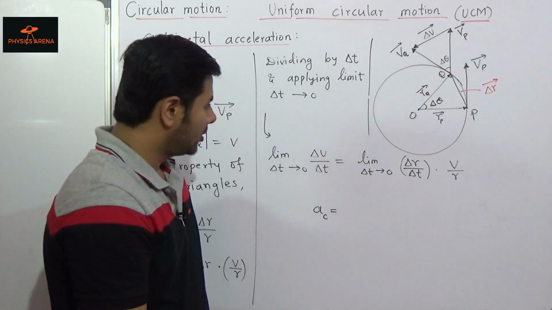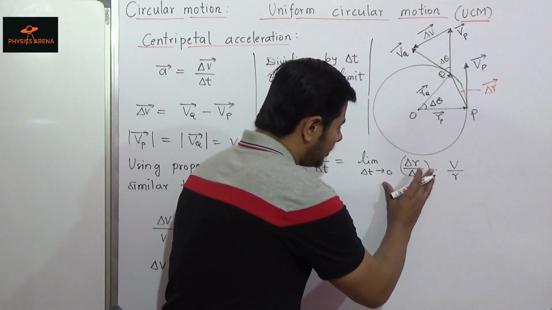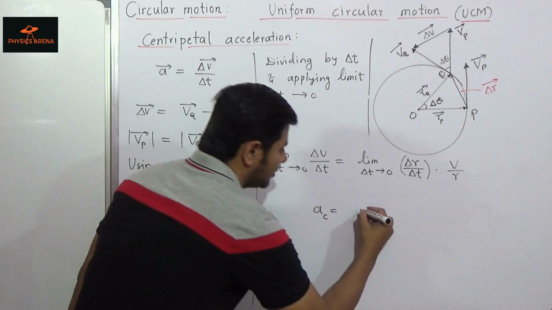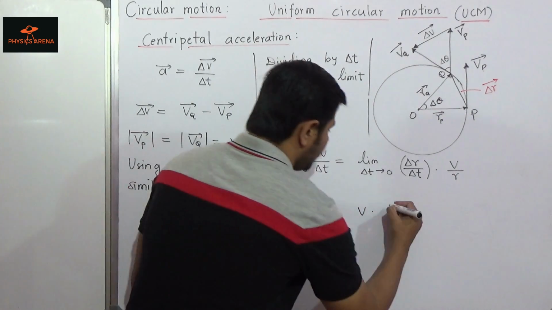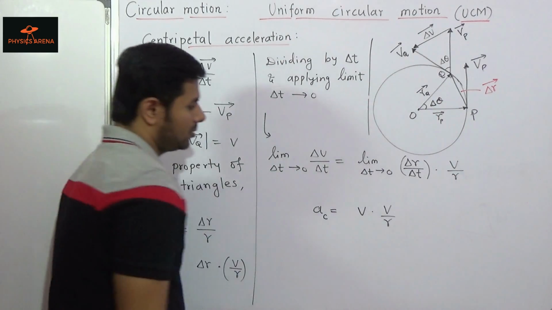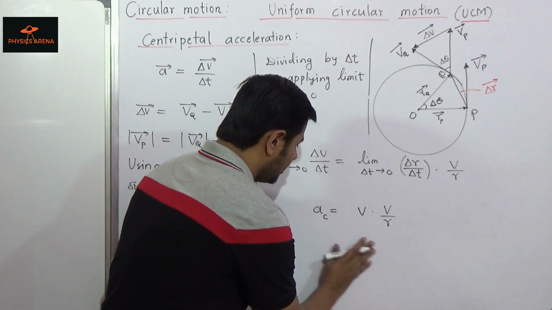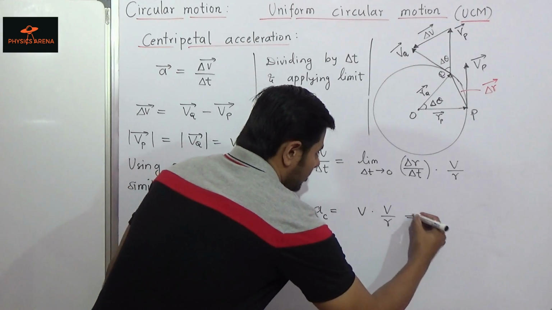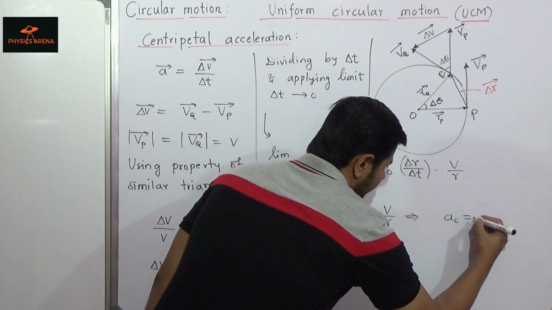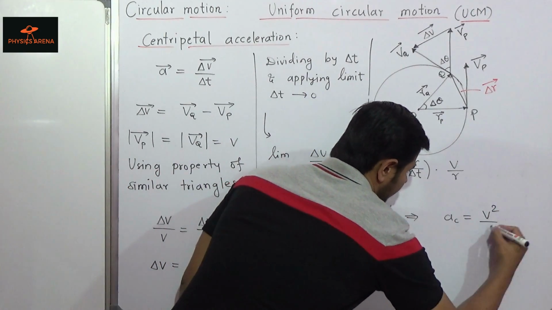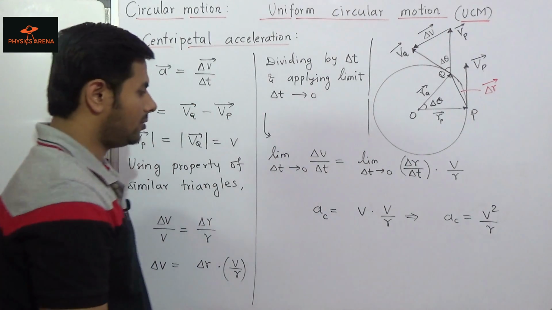Actually it's the magnitude of velocity, so it is v, divided by r, we have v by r. So the centripetal acceleration has magnitude v square over r.